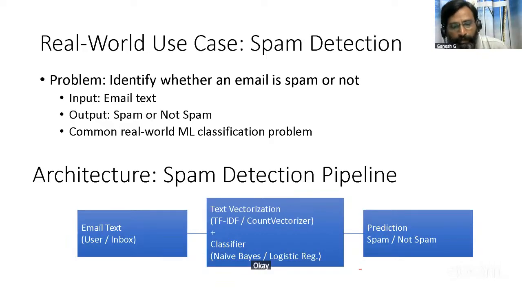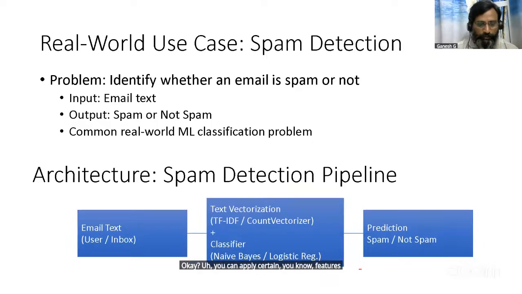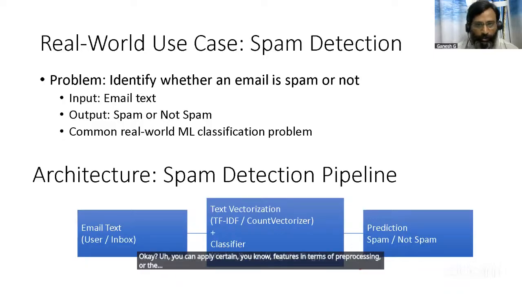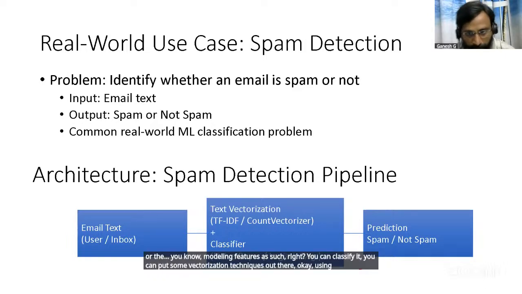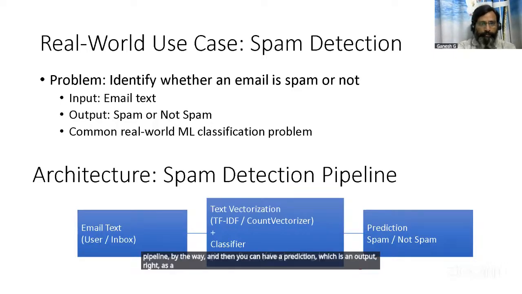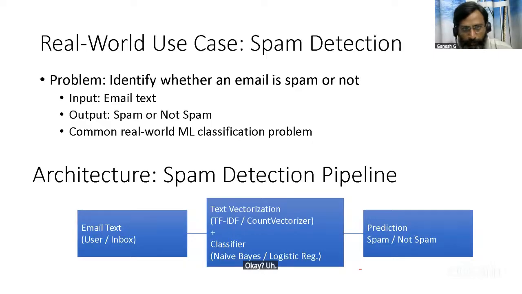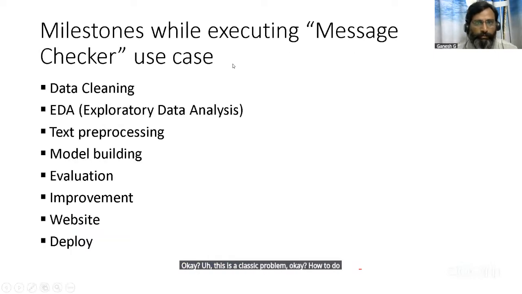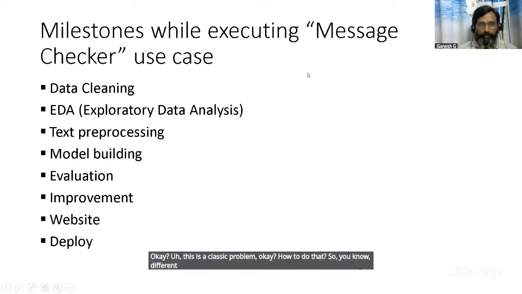You can apply certain features in terms of pre-processing or modeling, you can put some vectorization techniques in, using the scikit-learn pipeline, by the way. And then you can have a prediction as an output, spam or not spam. This is a classic problem. So different message checker use cases that you can apply.